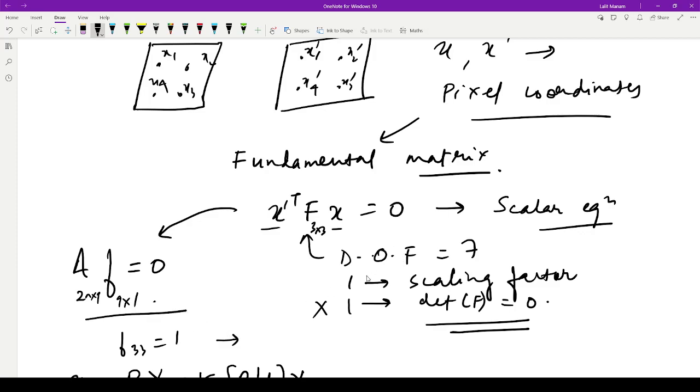So the first constraint that we try is to fix the scaling factor, by putting f33 equals 1, which is the last element. If you do this, you solve it in the inhomogeneous fashion. This is the inhomogeneous DLT.